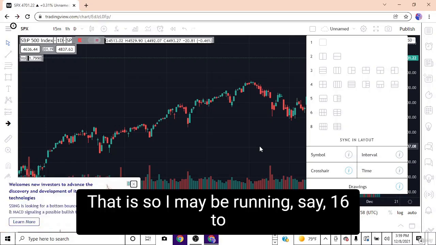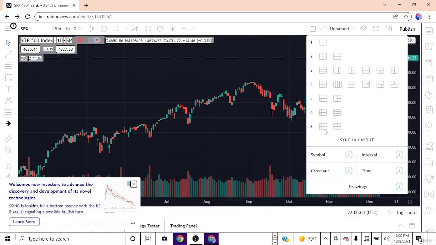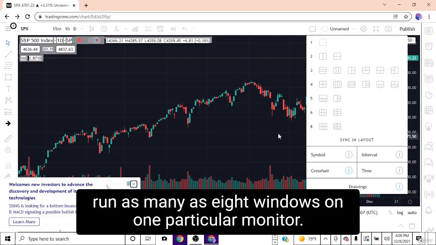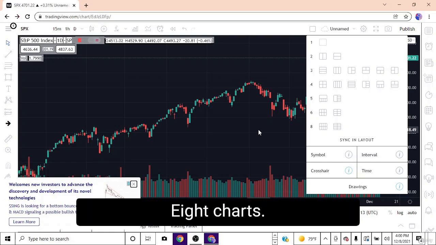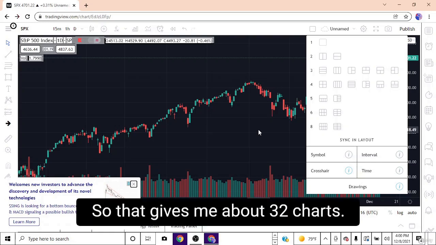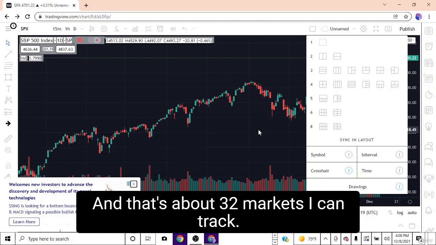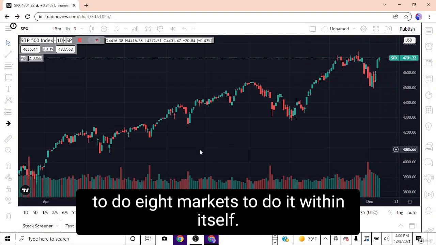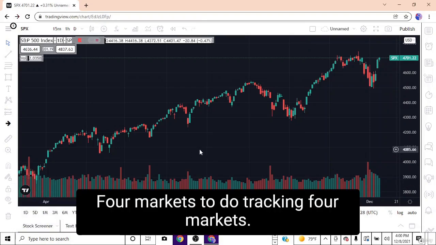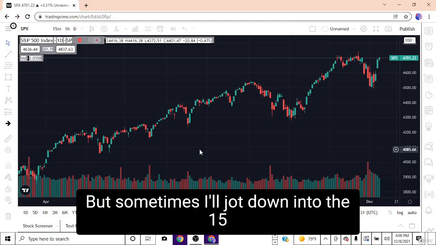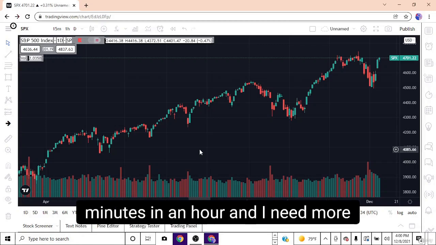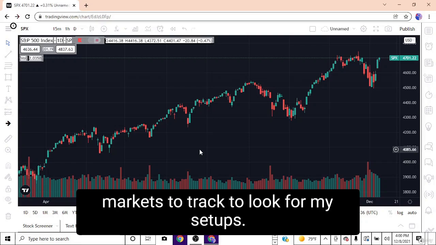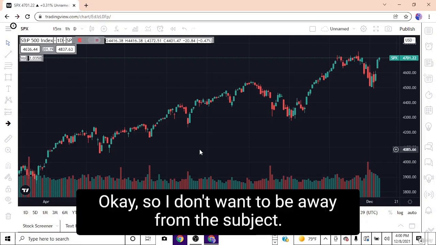So I may be running as many as 8 charts on one particular monitor, which gives me about 32 markets I can track. However, for the basic charting we're going to do, 8 markets will do it, and even tracking 4 markets will do. But sometimes I jog down into the 15 minutes and the hour, and I need more markets to track to look for my setups. Okay, so I don't want to veer away from the subject.